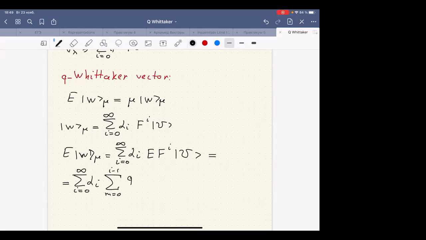I guess we should change all factorials to q-factorials? Maybe, but Ivan, you are too smart. Let me do some calculations. So this K, this K minus 1.